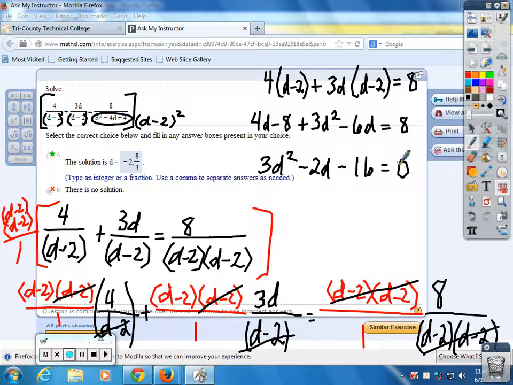Can't factor anything out, so reverse FOIL. And that's 1D, 3D, and 1 and 16, that'd be 2 and 8. I'd say a 2 here and an 8 here, and that's 6 and 8, so we want a negative 8 and a positive 6.